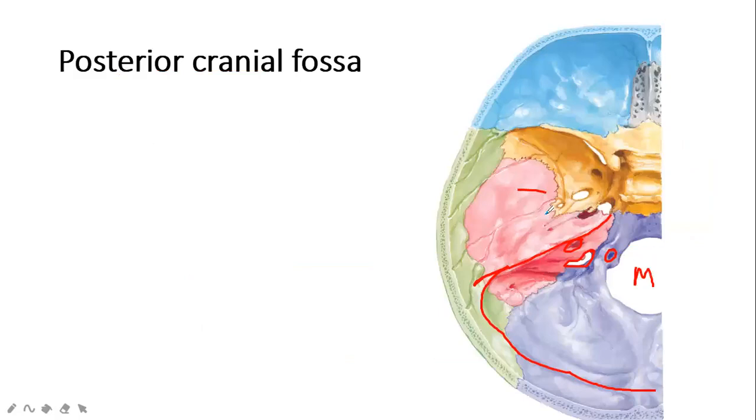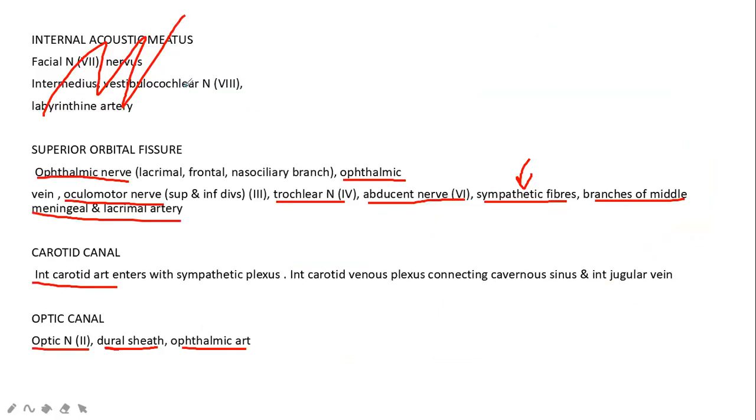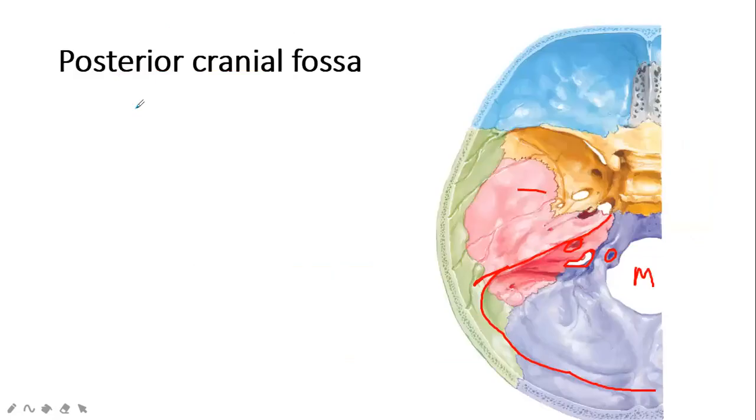And then another opening that we crossed here, internal acoustic meatus, it's actually within the posterior cranial fossa. The internal acoustic meatus is at this point. So what does it transmit? It has to transmit a cranial nerve that is concerned with hearing and balance.